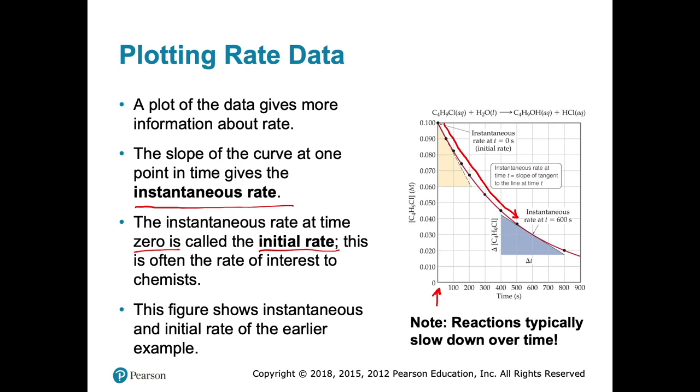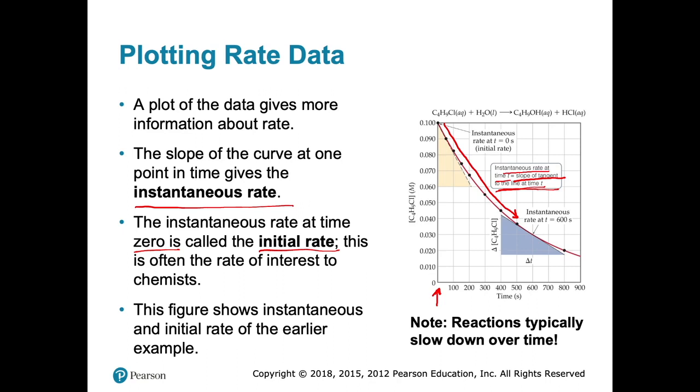We can very easily figure out the instantaneous rate at point zero, the initial rate. Right here on this graph, it tells you that the instantaneous rate at any given time is equal to the slope of the tangent at that time. So let's use that to figure out the initial rate at zero.